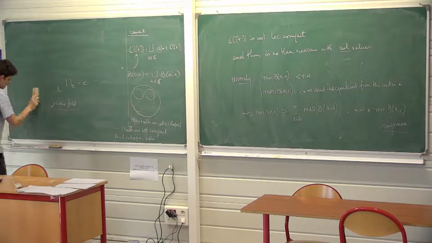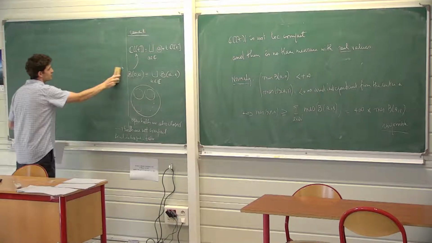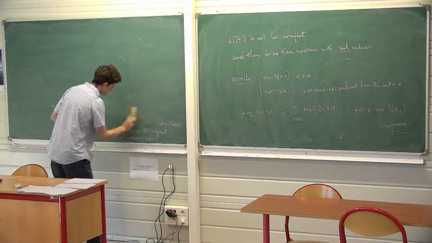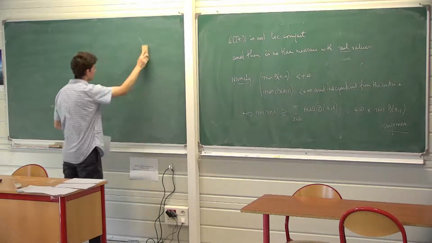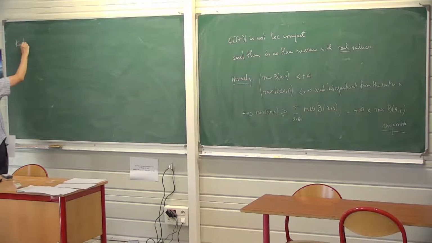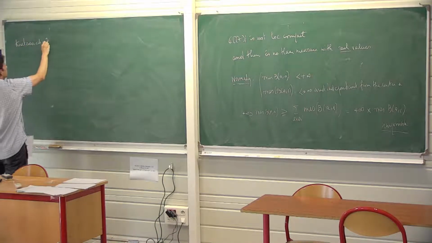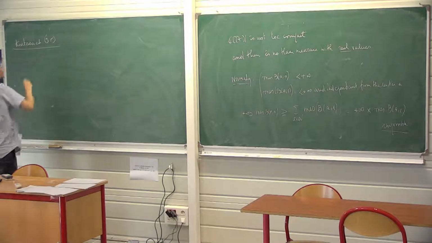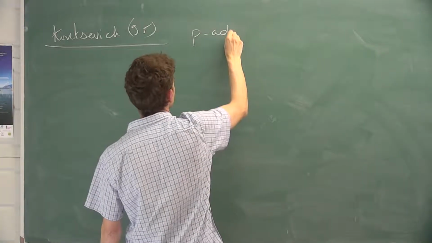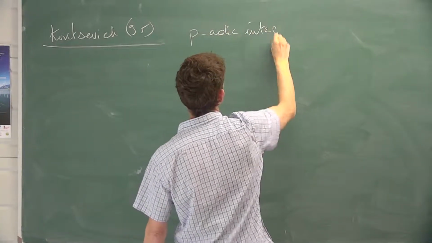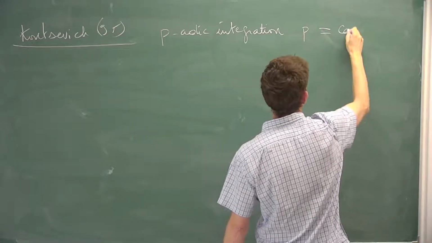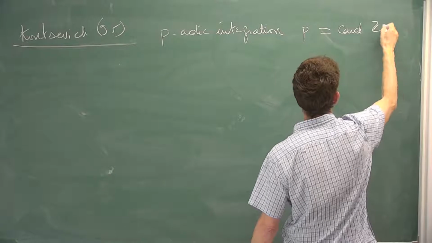using an analogy with p-adic integration. So Kontsevich's idea in '95 is the following. In p-adic integration, p is nothing else than the cardinal of the residue field.